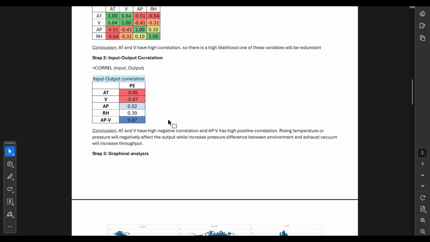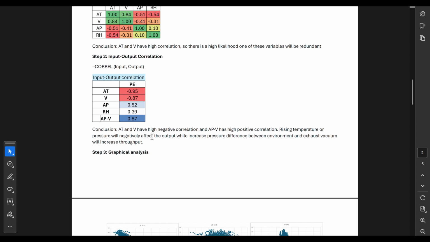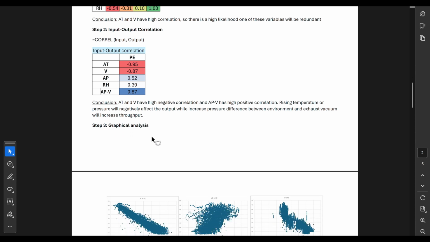A high positive or a high negative correlation might indicate that that particular feature can prove important for our modeling purpose. And that's what we see here. AT and V have a strong negative correlation. The interaction term AP minus V has a strong positive correlation. So again, something to keep in mind while we are designing our models.